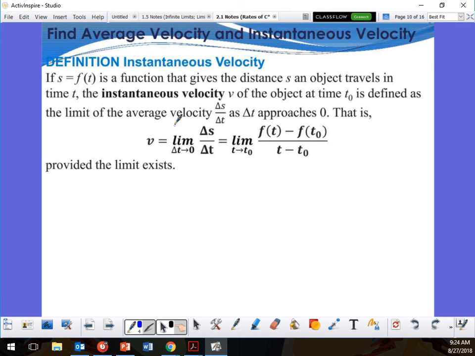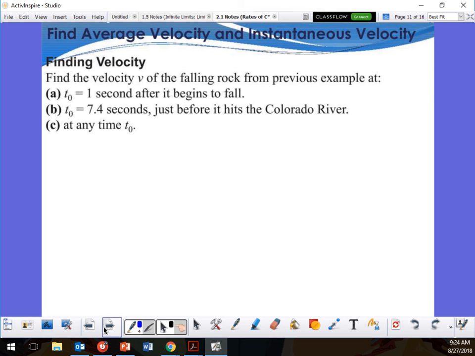So velocity is equal to this. It's the same thing that we just did. That t sub naught is my initial, provided the limit exists.